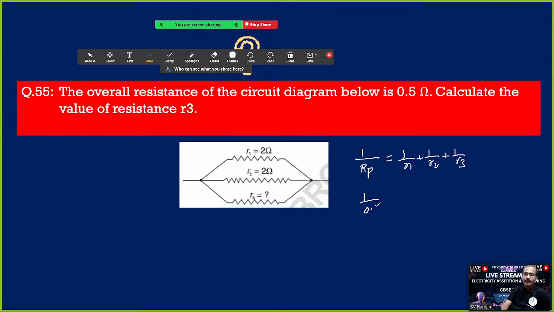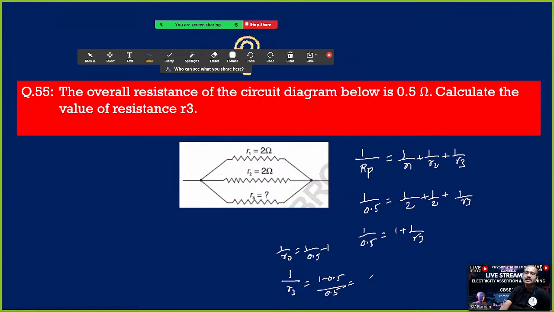So 1 by 0.5 is equal to 1 by 2 plus 1 by 2 plus 1 by R3. 1 by 2 plus 1 by 2 is equal to 1. So 1 by 0.5 is equal to 1 plus 1 by R3. 1 by R3 is equal to 1 by 0.5 minus 1, so 1 by R3 is equal to 1 minus 0.5, by 0.5, which is exactly 1. So R3 is equal to 1 ohm. This is the way we need to calculate the R3 value.